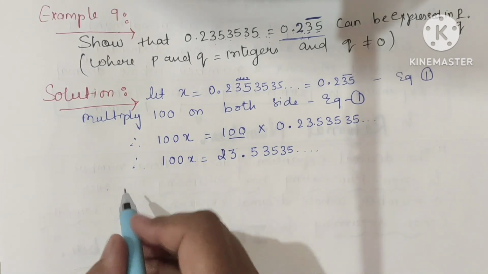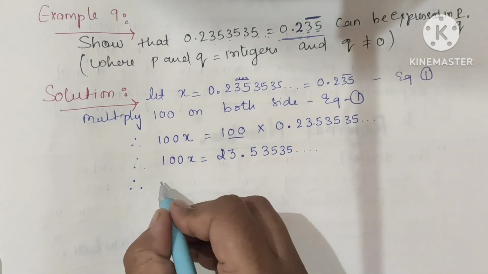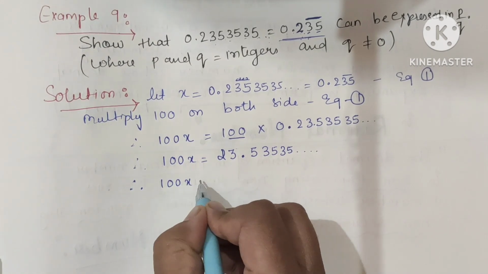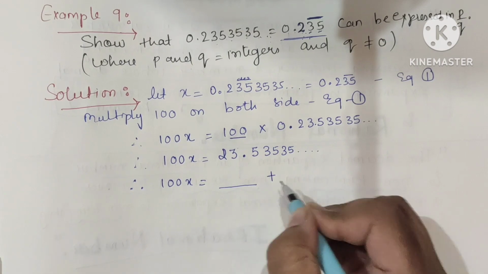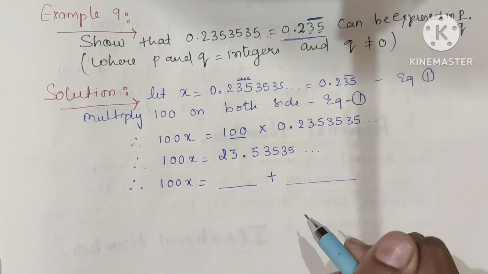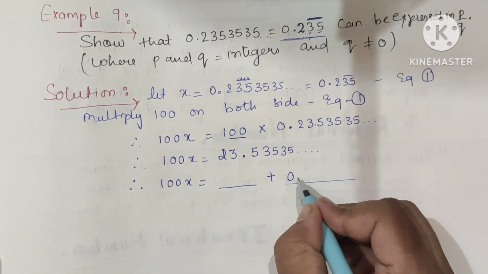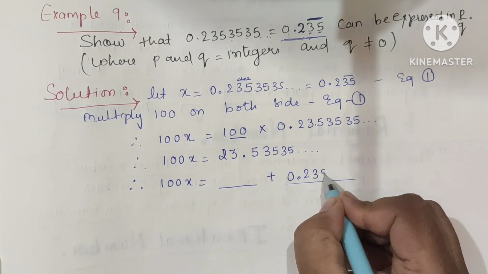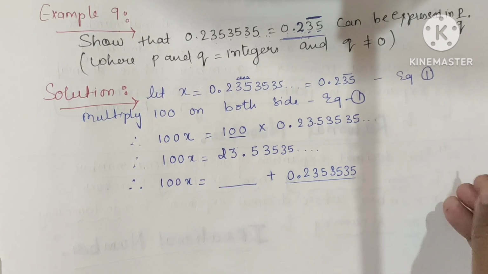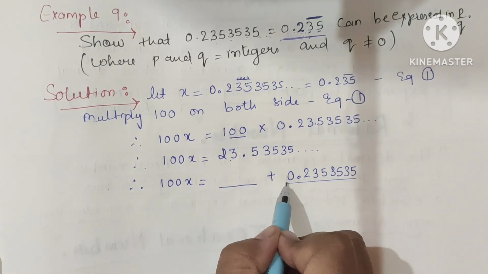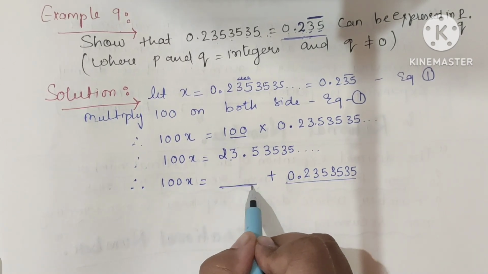Here the main step is this. 100x is equal to, leave the space blank, plus what you want over here, you want x. What is the value of x? 0.23535. You are going to minus this from this, and you are going to get this number.